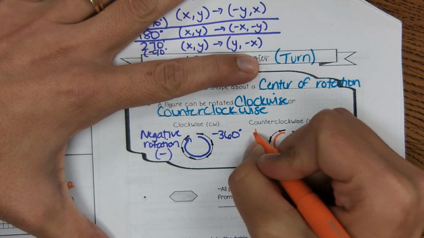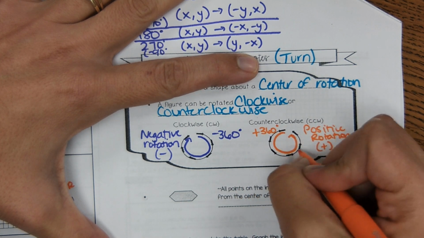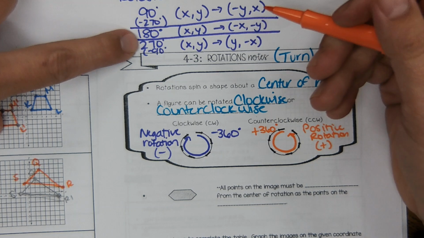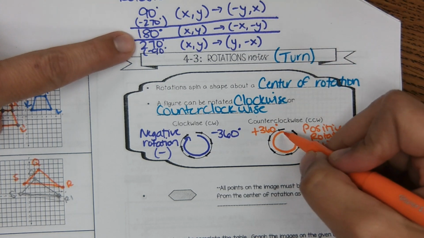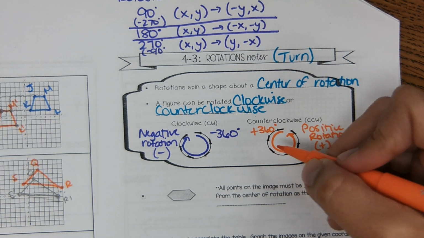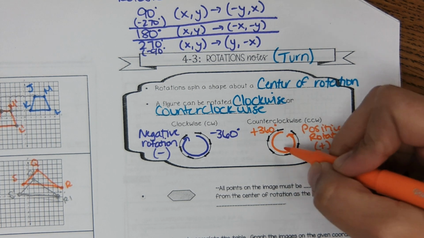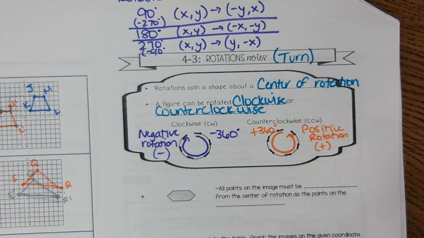That would be a positive 360-degree rotation if you go all the way around. The rotations we focus on are 90, 180, and 270. 90 would be 1/4 of the way around, 180 would be halfway, and 270 would be 3/4 of the way around, just FYI.